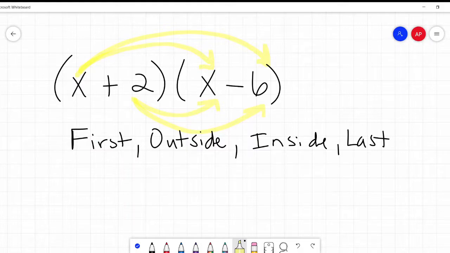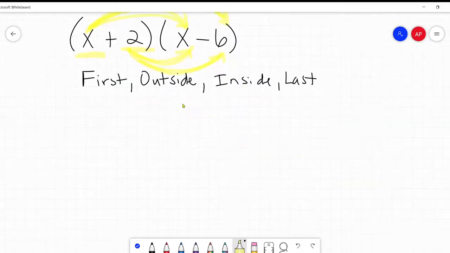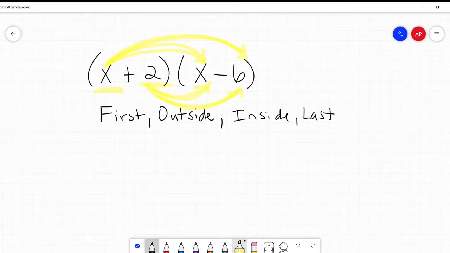But if I draw it like this, you can see it's exactly the same as what we just did: I take the first term and multiply it by both of them, then I take the second term and multiply it by both of them. Okay, so if your teacher wants you to do the first, outside, inside, last, just stay where I tell you to stay, computer.